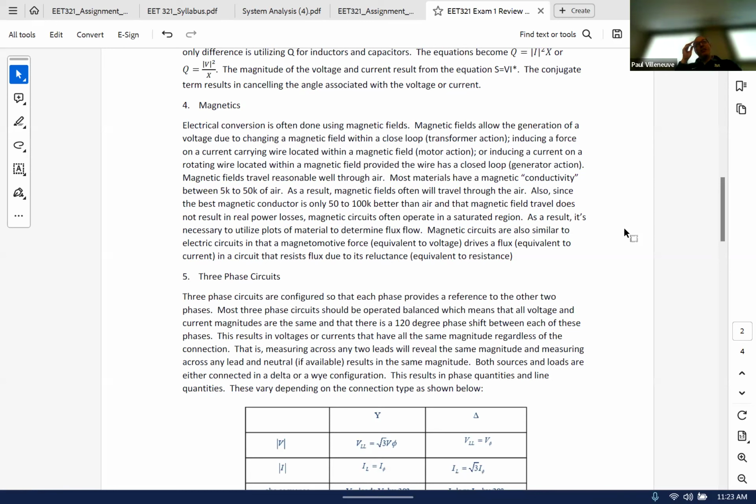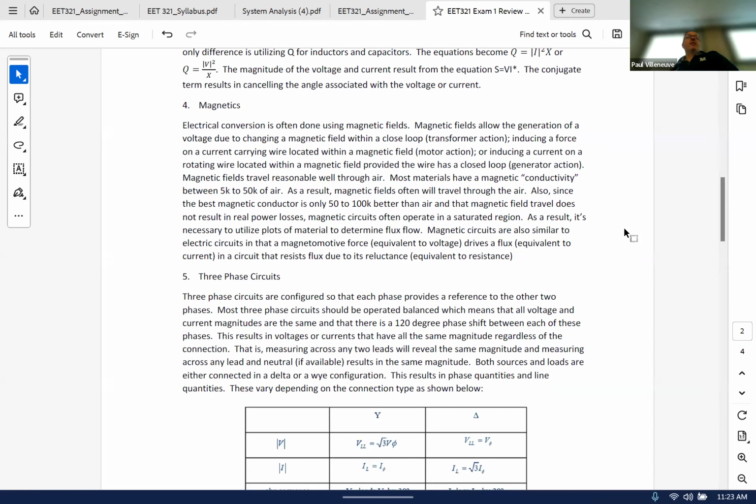Magnetic material, we talked about it being really poor as a magnetic conductor, or I shouldn't say a poor magnetic conductor. It's not that much better than air. When we think of electrical circuits, electricity does not flow in air all that well, right? We see it every once in a while in the form of lightning, but generally speaking, you're not going to walk by and see electricity just kind of flowing through the air. That doesn't happen that way. Magnetics, it's in this room.